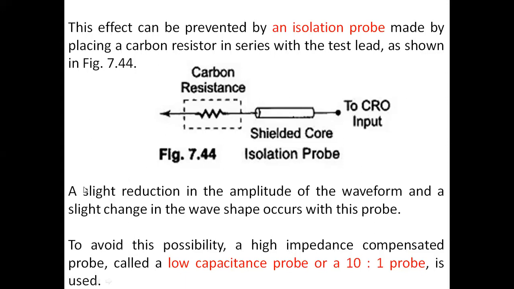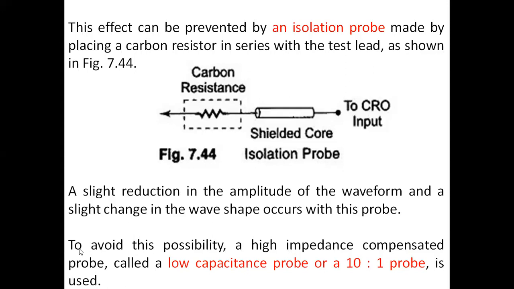Okay, and by using this isolation probe connection, there is some reduction of the amplitude and a slight change in the shape of the waveform. By connecting a carbon resistance and a shielded core like this, due to this construction, the applied input signal amplitude slightly reduces, and the input waveform shape slightly changes.